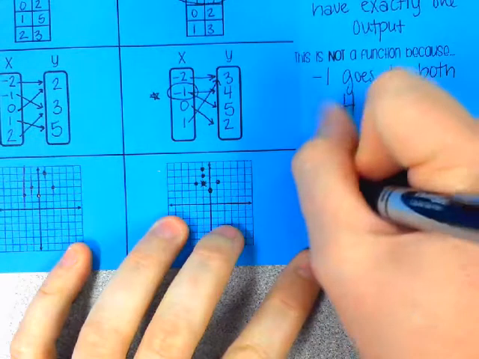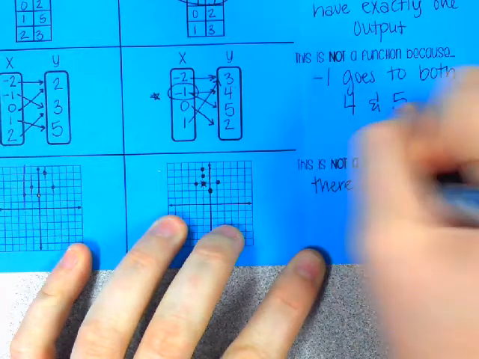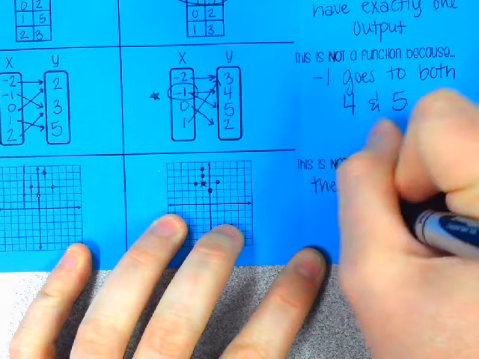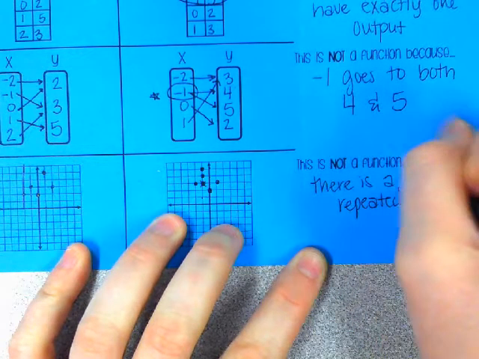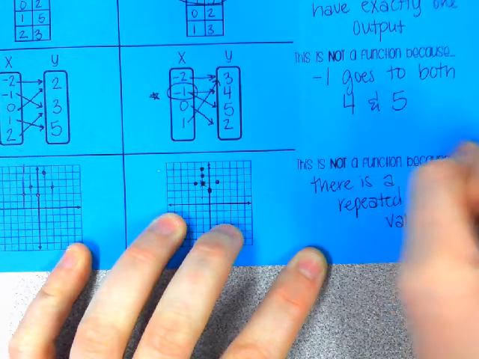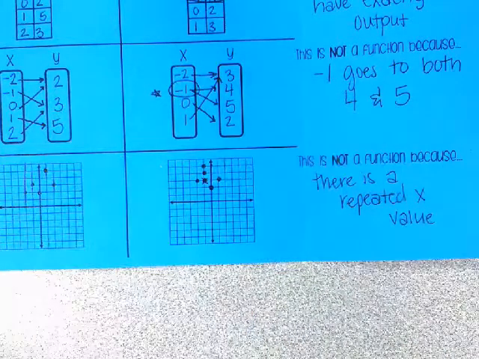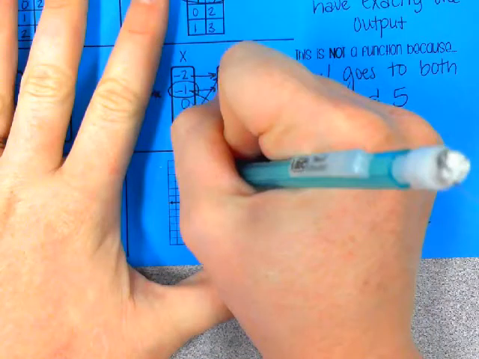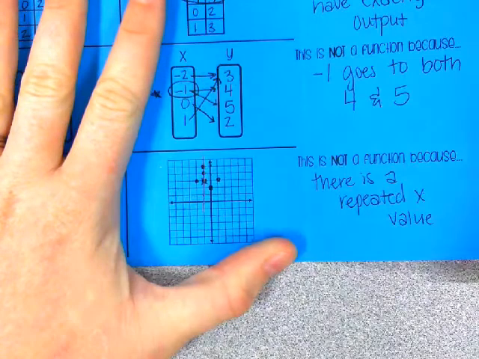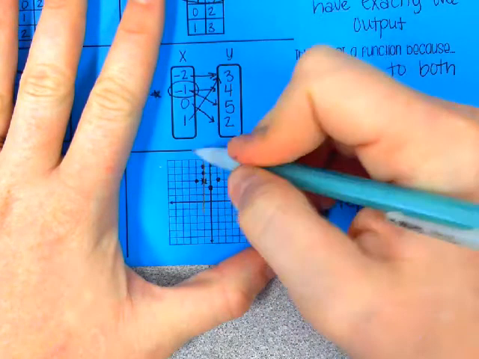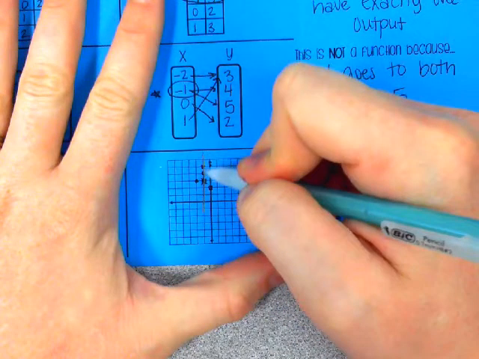But this is not a function because there is a repeated x value. Since there are 2 points that have that x value right there, I just drew a line.